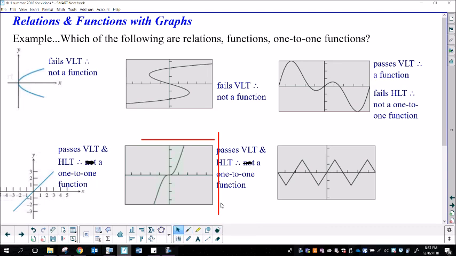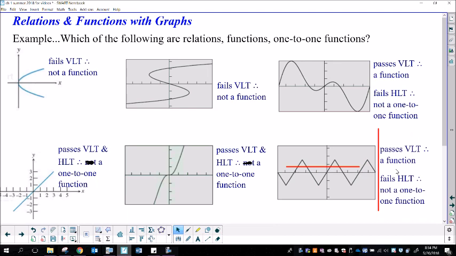And finally, on the last one, we will take the vertical line and pass this through the graph. It passes the vertical line test. It does not pass the horizontal line test. So therefore, this passes the vertical line test and is a function, but it fails the horizontal line test, so it is not a one-to-one function.